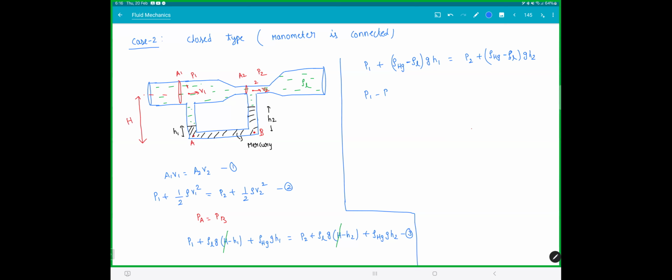So P1 minus P2 will be rho mercury minus rho liquid G, H2 minus H1. But I already know P1 minus P2 is nothing but half rho, V2 square minus V1 square.